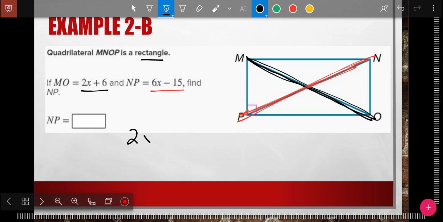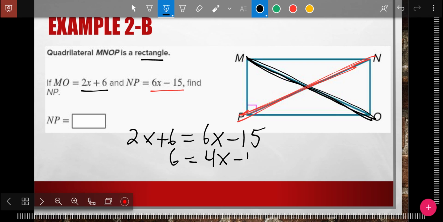So 2x plus 6 must equal 6x minus 15. Subtract 2x from both sides, add 15 to both sides, and I get 21 equals 4x.